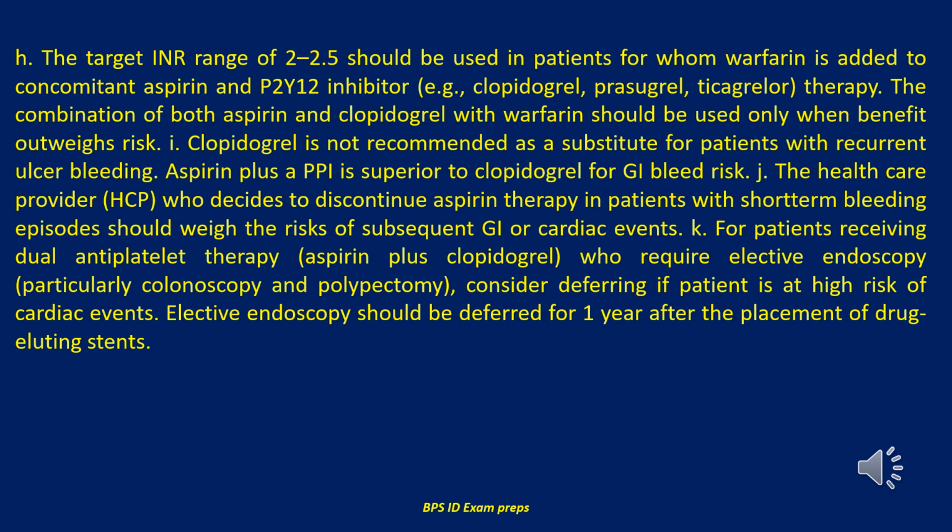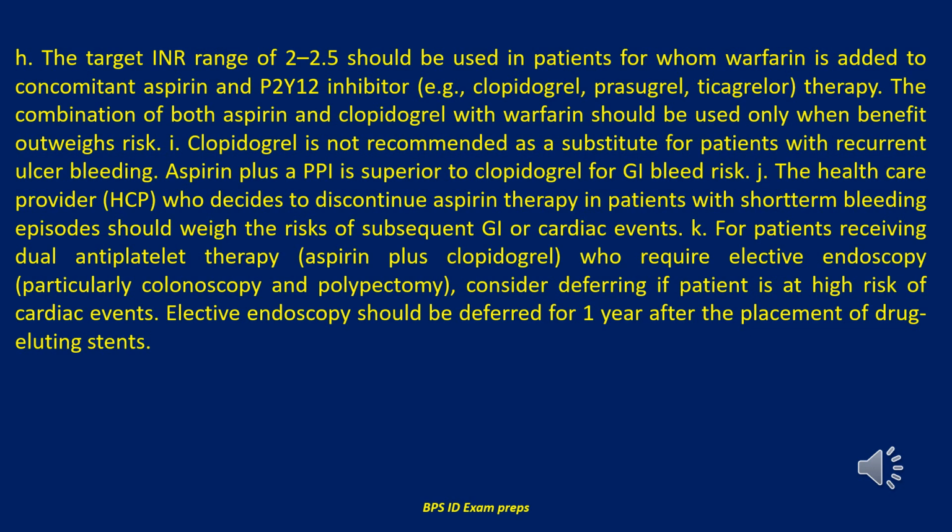Clopidogrel is not recommended as a substitute for patients with recurrent ulcer bleeding. Aspirin plus a PPI is superior to clopidogrel for GI bleed risk. J. The healthcare provider, who decides to discontinue aspirin therapy in patients with short-term bleeding episodes should weigh the risks of subsequent GI or cardiac events.